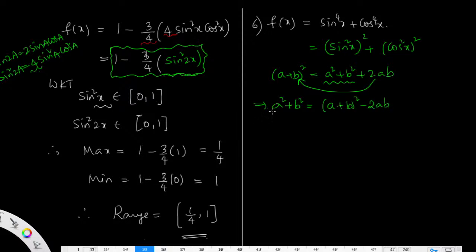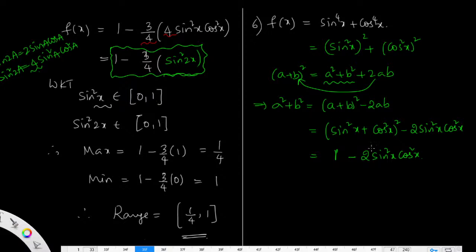Then solve this question: sin square x whole square plus cos square x whole square can be written as sin square x plus cos square x whole square minus 2 sin square x into cos square x, which is 1 minus 2 sin square x cos square x. But we have the formula sin 2a is 2 sin a cos a.